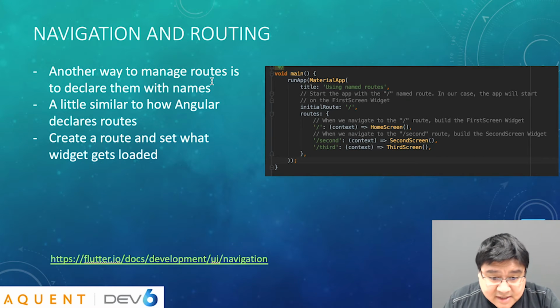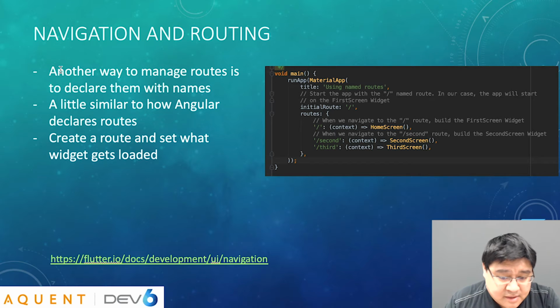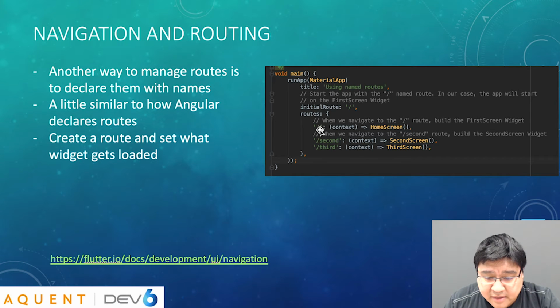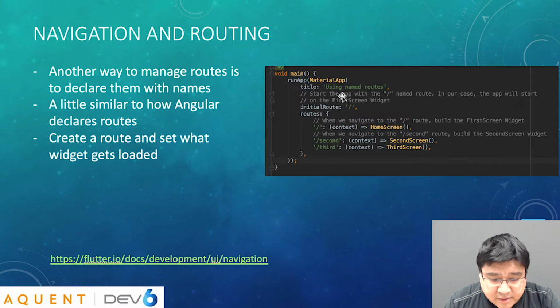Another way to go about it is similar to URL or HTML routes. So you can say that, okay, I want this particular route here. When you click on it, or when you set it, it'll go to the home screen. If you look back at the example here, instead of passing in a route, we pass in a string that says, okay, this string is going to be hit, so it means load up the home screen.